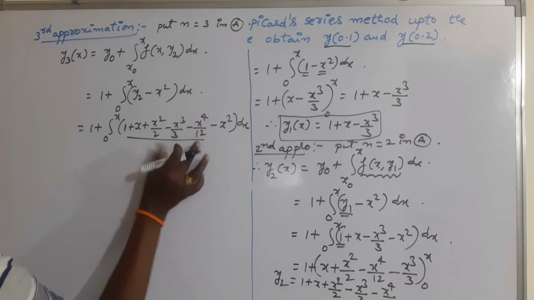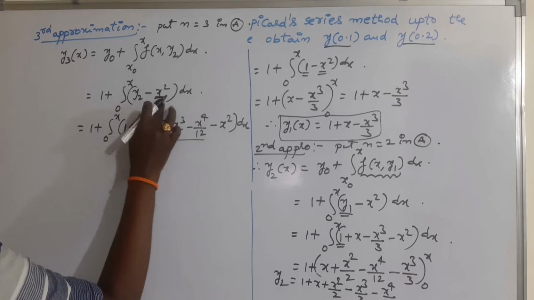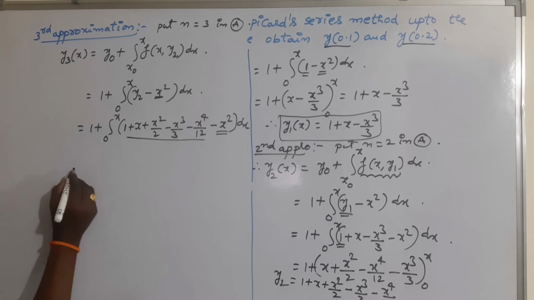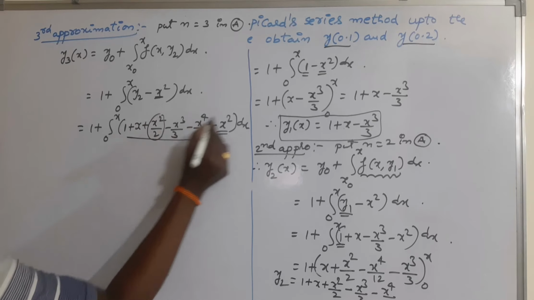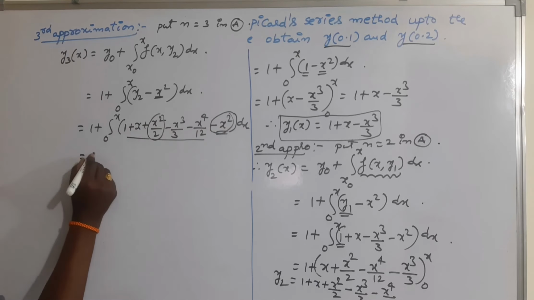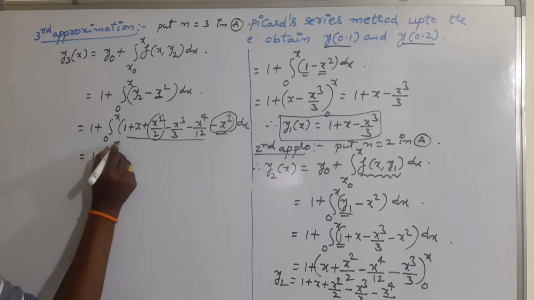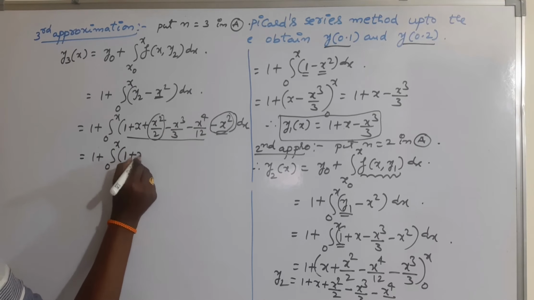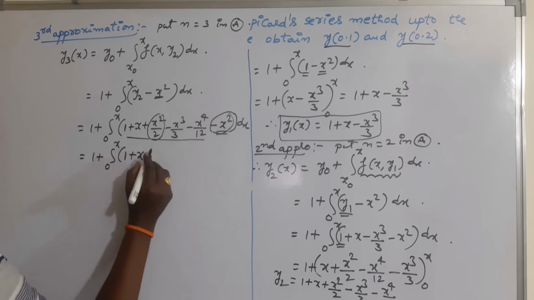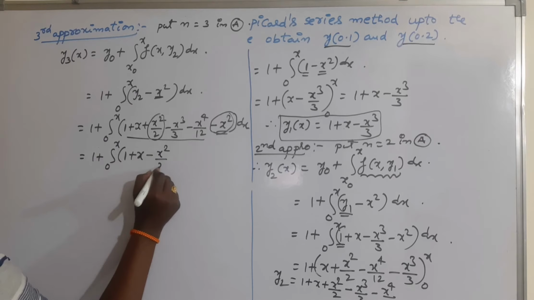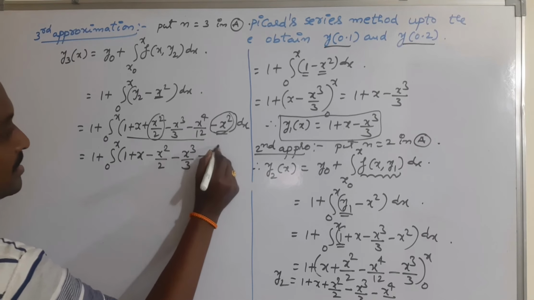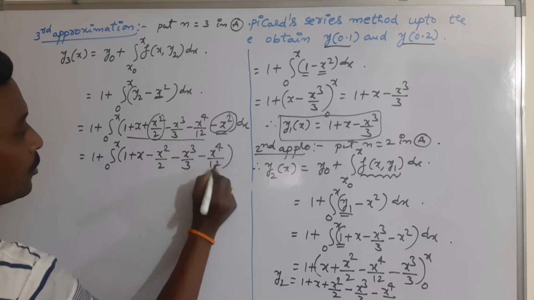This is the y2 value, and here we have negative x square, that's why I am writing minus x square. So simplify these two terms. x square by 2 minus x square can be written as negative x square by 2. So 1 plus integral 0 to x of 1 plus x, these both are same, negative x square by 2, next term is negative x cube by 3 minus x power 4 by 12 whole into dx.